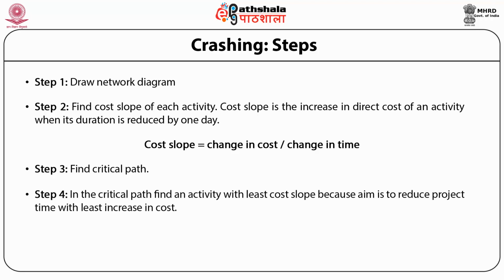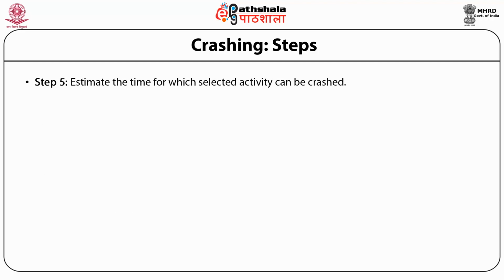Step 4. In the critical path, find an activity with the least cost slope, because the aim is to reduce project time with the least increase in cost. Step 5. Estimate the time for which the selected activity can be crashed.